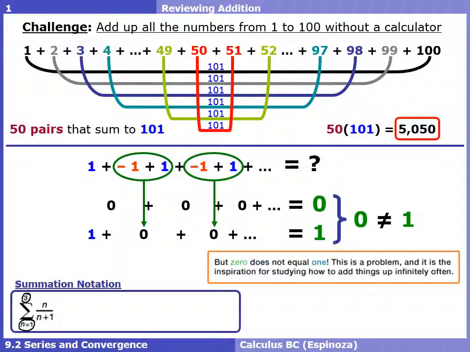The way we do this is we start with the number at the bottom. Here it's a 1, so we plug in 1 wherever we see an n. So that'll be 1 over 1 plus 1. And then of course we'll plug in 2, so that'll be 2 over 2 plus 1. And then we'll stop once we get to the upper number, which is 3, and that'll be 3 over 3 plus 1.